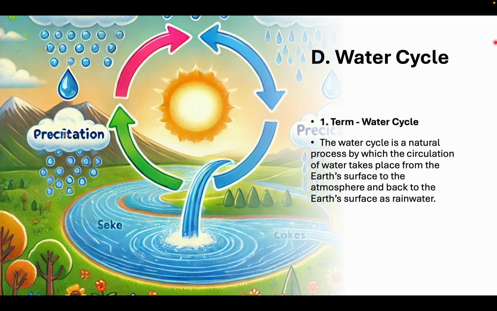The water cycle is a natural process by which the circulation of water takes place from Earth's surface to the atmosphere and back to Earth's surface as rainwater. So, the water cycle is nothing but our atmosphere or nature ensuring continuous movement of water in nature. This is done naturally.